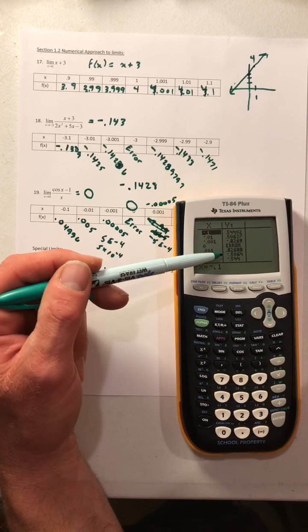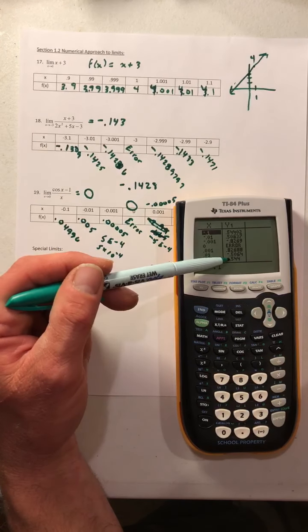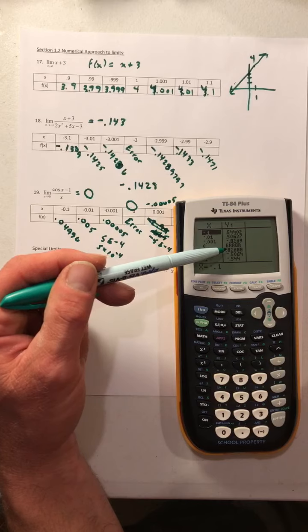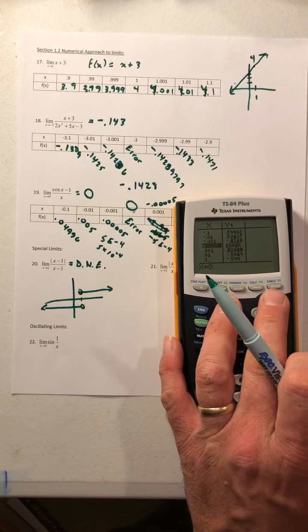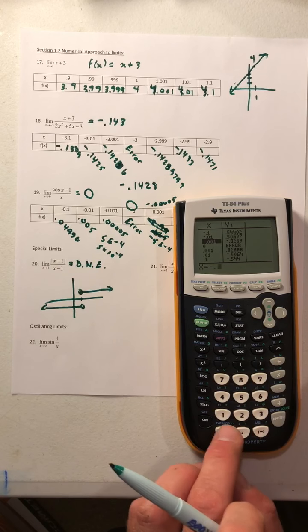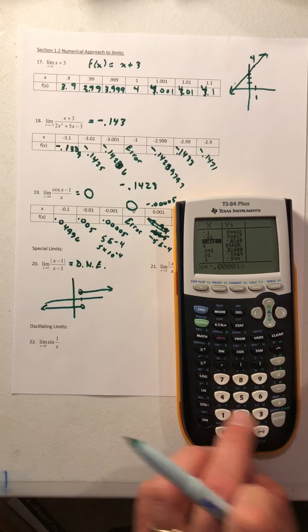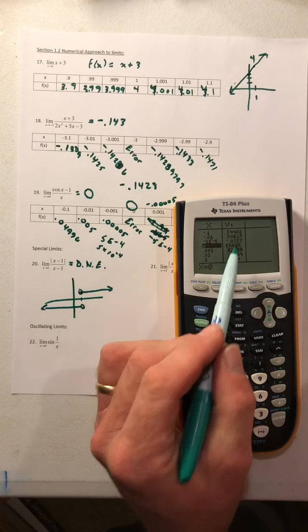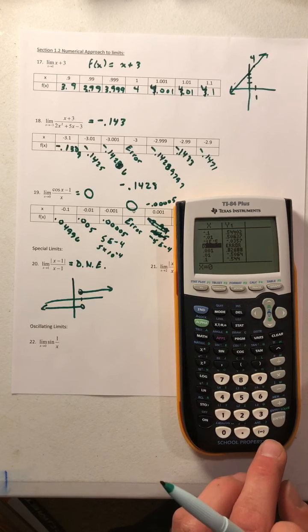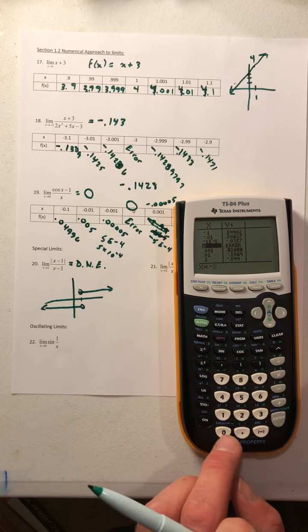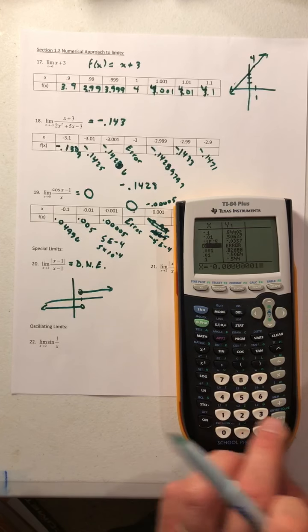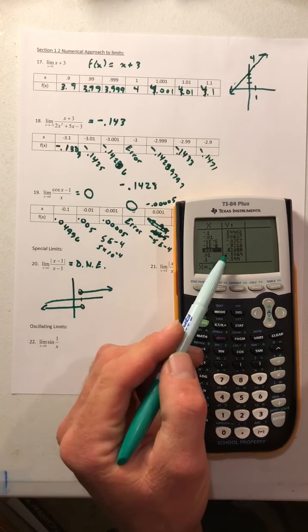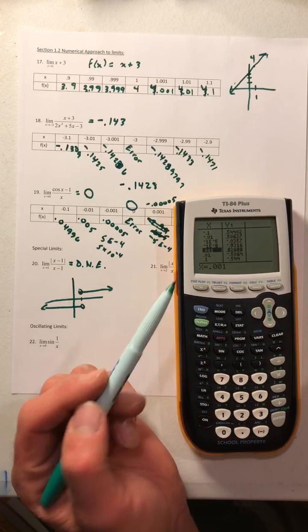But here at a thousandth and a hundredth and a tenth, we have negatives, but then it jumps up to being a positive. Well, what happens if we plug in a number that's even closer to 0? Notice we get a negative number there. What happens if we plug in a number that's even closer to 0? And notice now it seems to be getting a little bigger.